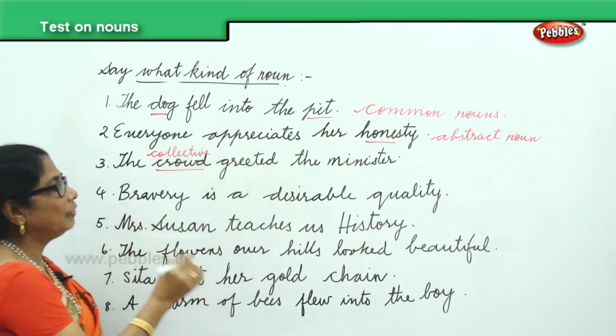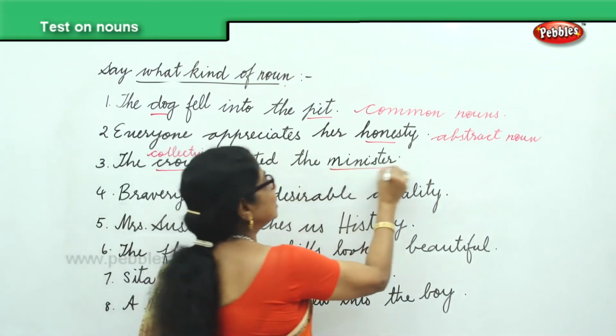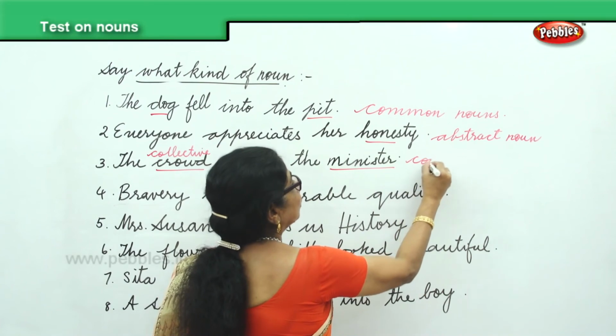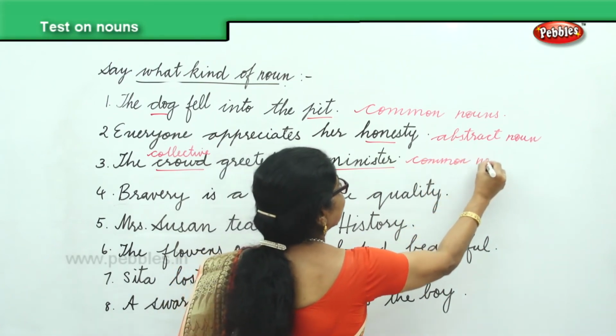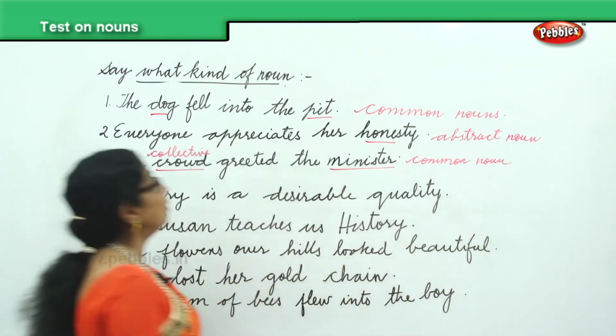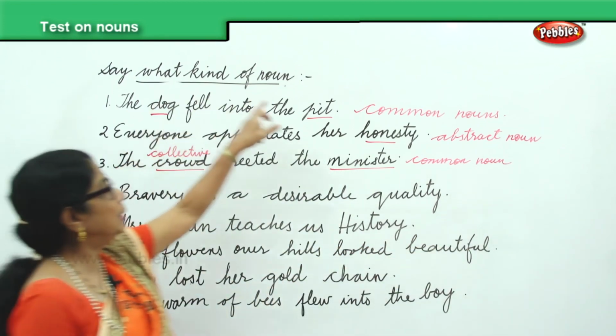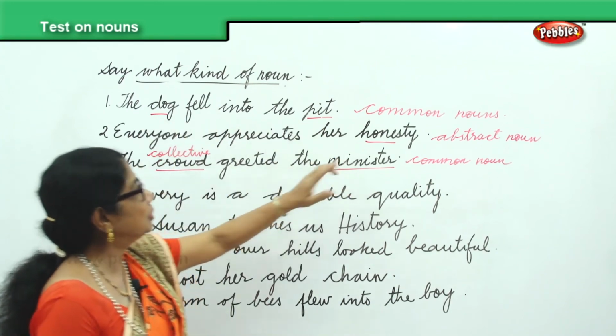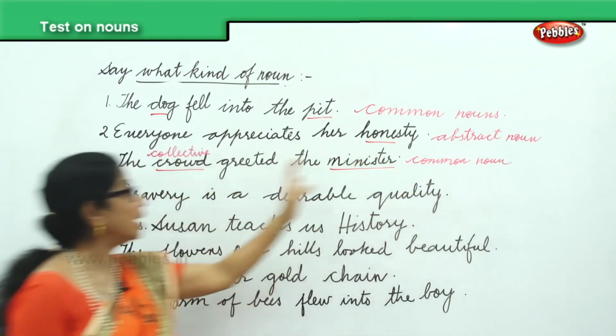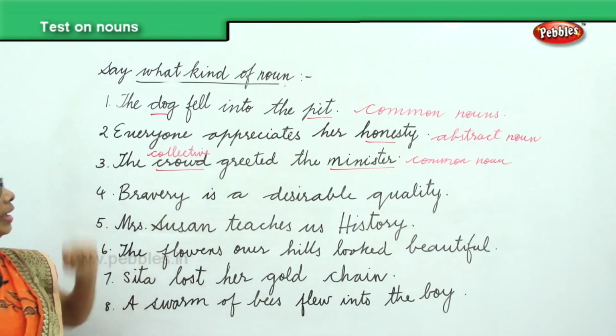And then we have a minister. That's a common noun. Any minister, common noun. So far we have common nouns, pit, dog and minister. Honesty, abstract noun, and crowd, we have collective noun.